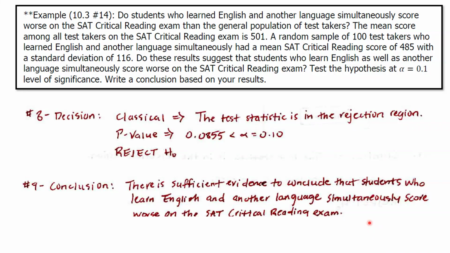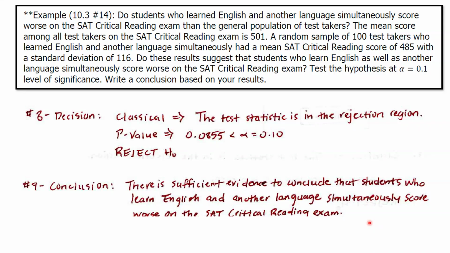Do bilingual students, so students who learn both languages simultaneously, score lower on SAT critical reading than the general average of 501? And we found that our sample of 100 bilingual students had a mean of 485, which is 16 points lower than 501.